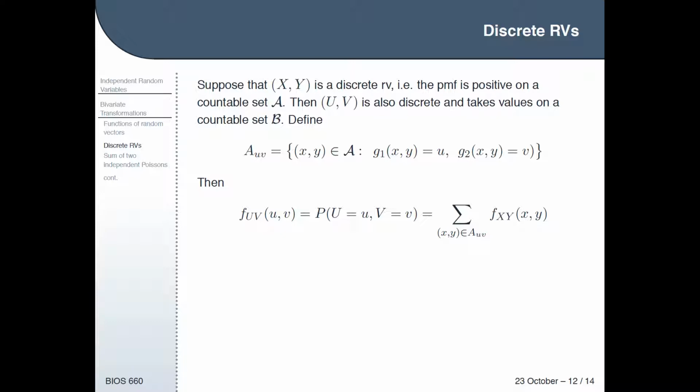Then to get the joint PMF for U and V, you just sum over the x's and y's such that g1 of (x, y) gives you the u, and g2 of (x, y) equals the v. I know that definition's a little non-intuitive and hard to grapple with, but if you think through the math, it makes sense, and hopefully it'll make more sense when I do a concrete example of this on the next slide.